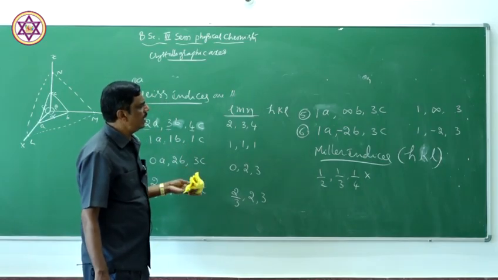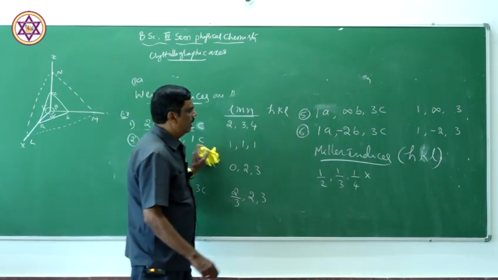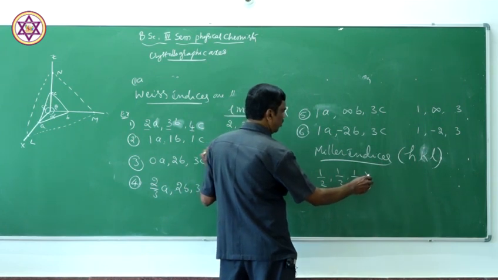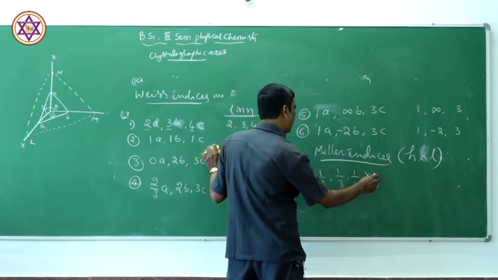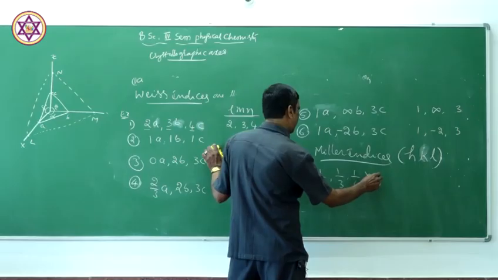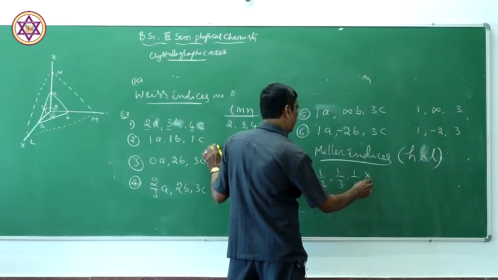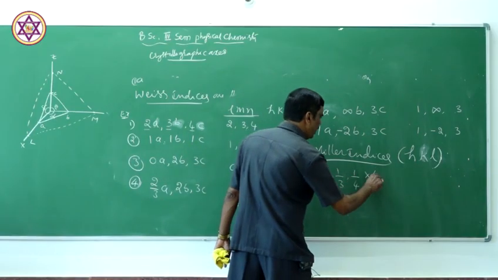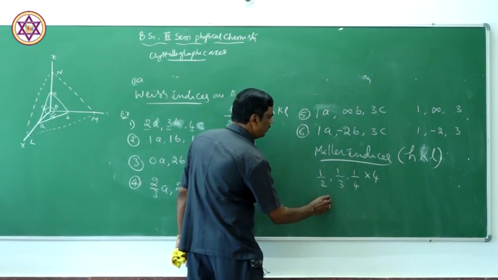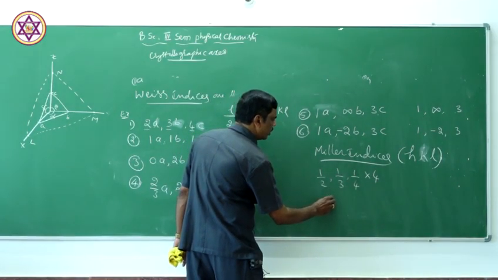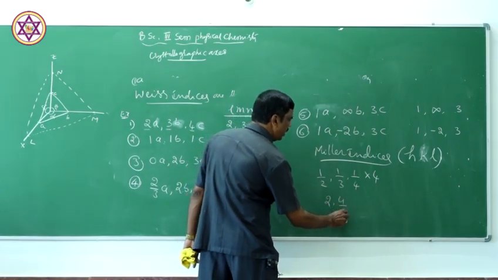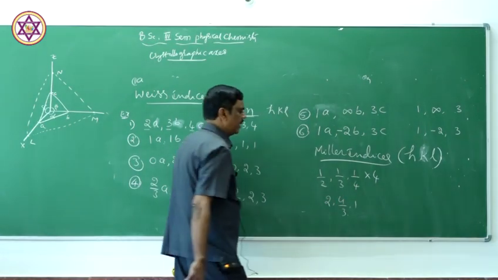What is that number? You multiply this by 4. If you multiply by 4, this becomes 4 by 2, which is 2. This becomes 4 by 3. This becomes 1.